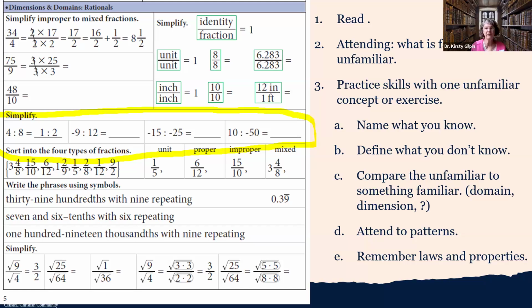We're just going to practice simplifying ratios until you feel like, oh, I really am confident now that I can say 15 and 25 have a common factor of 5. 10 and 50 have a common factor of 10. All right. That mental quickness is going to come with practice.